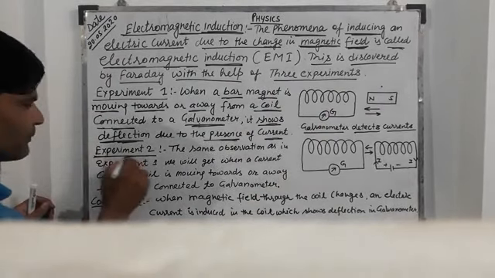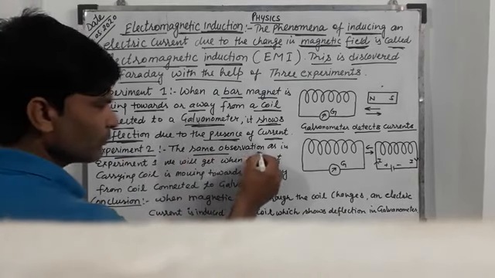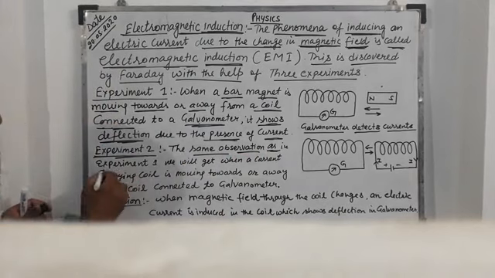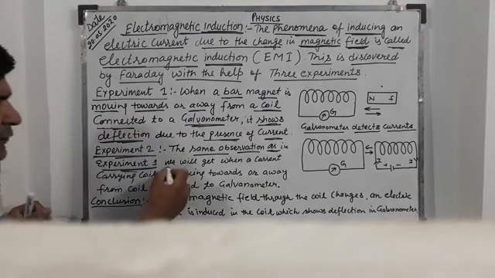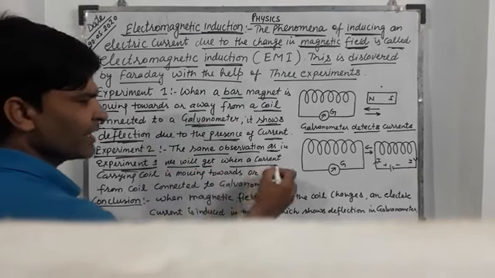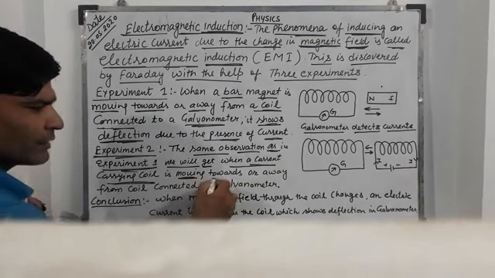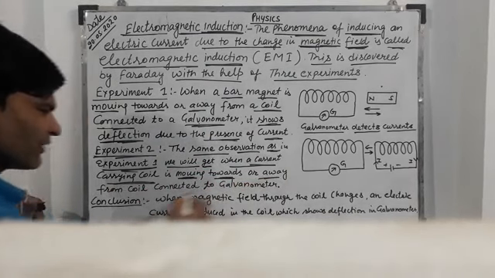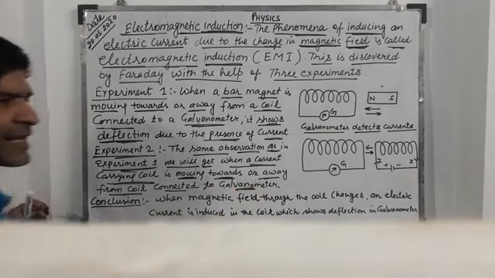Experiment number 2 gives the same observation as experiment 1. The galvanometer shows deflection when a current carrying coil is moving towards or away from the coil connected to the galvanometer.